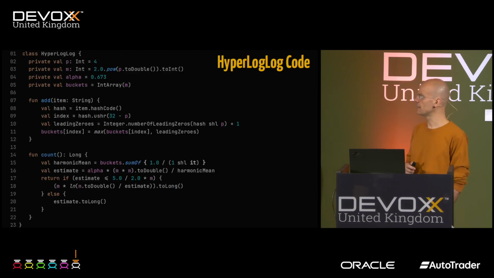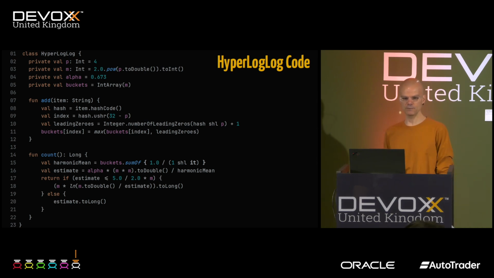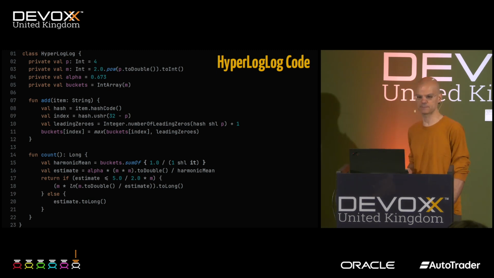Here's a very, very short implementation. As before, this is not production code, but it's just to give an idea that with really few lines of code, we can have a working implementation and see how it works in practice.